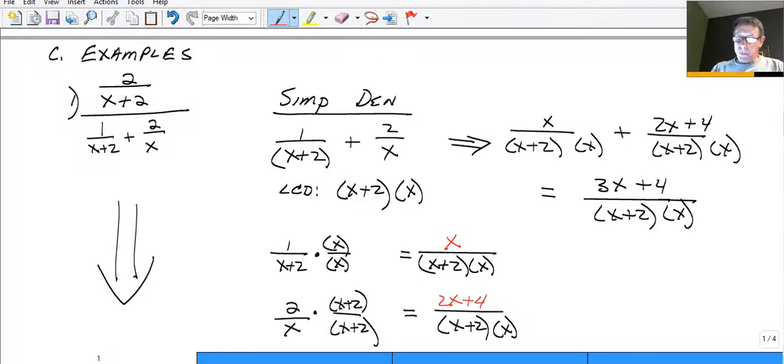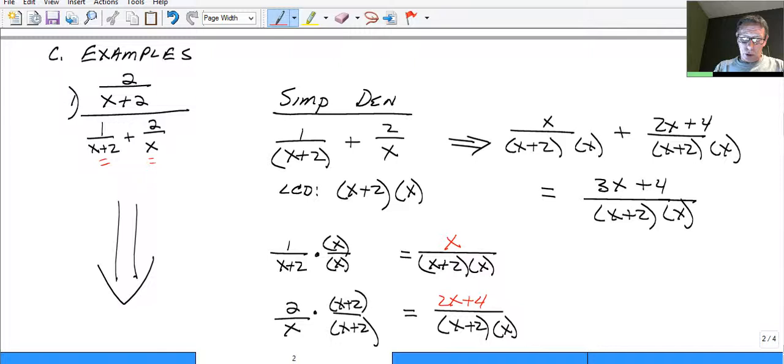So I'll have to convert each term into a new fraction with an equivalent denominator so that I can add them together. If this is going to be my LCD, and I have 1 over x plus 2, I need to get a common denominator of x plus 2 times x. So I need to multiply the numerator and the denominator by x over x, and that's my new fraction for that term.